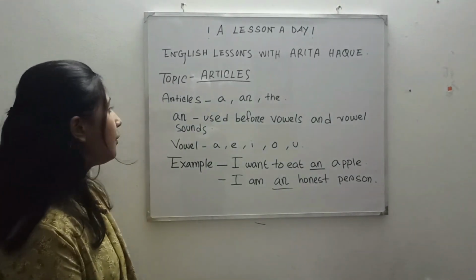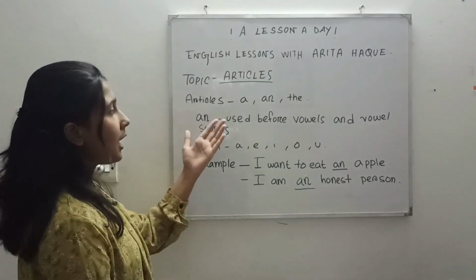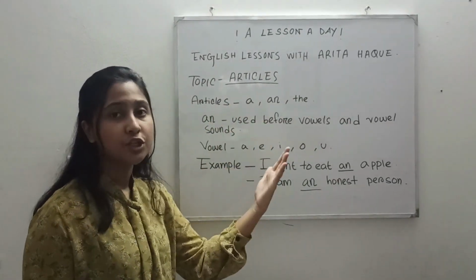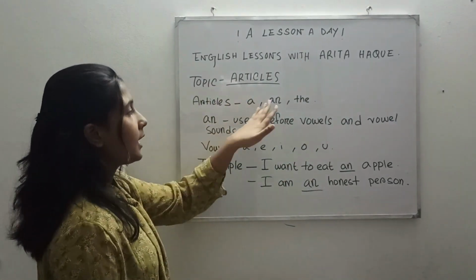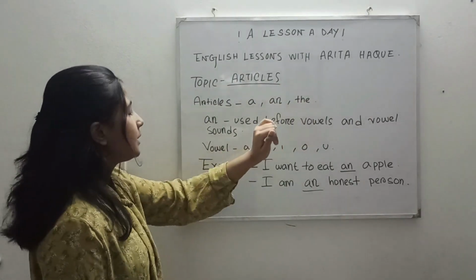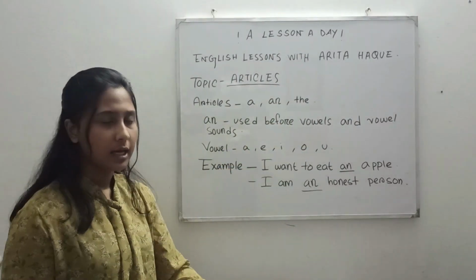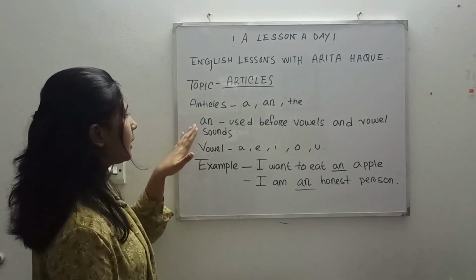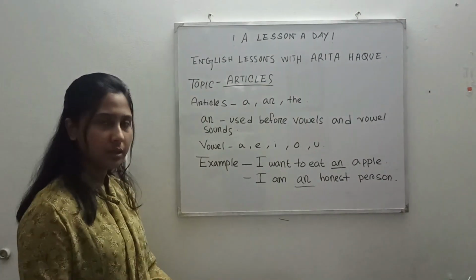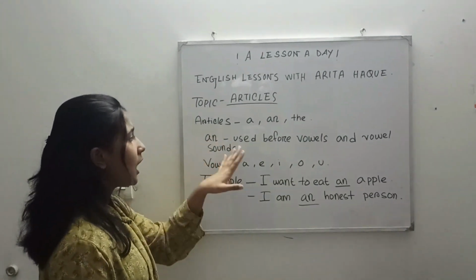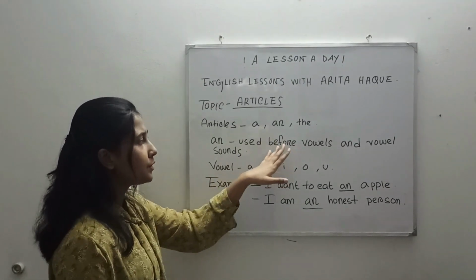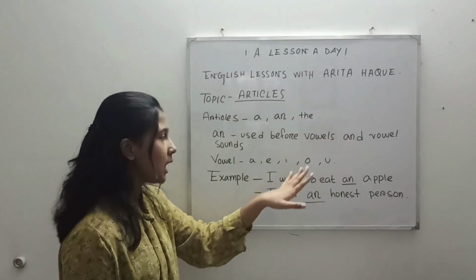Alright, so for starters, there are three articles in English grammar: a, an, and the. So let us get to know why we use the article an and where we use it. So the article an is usually used before vowels and vowel sounds.